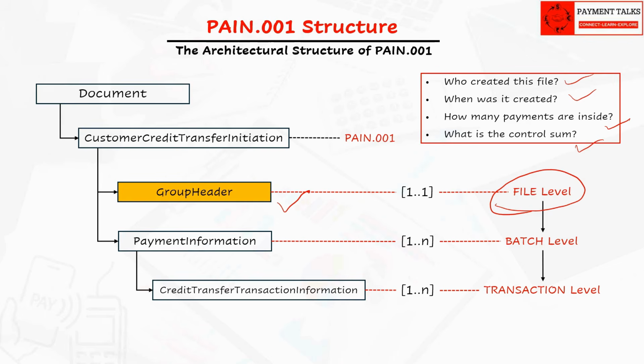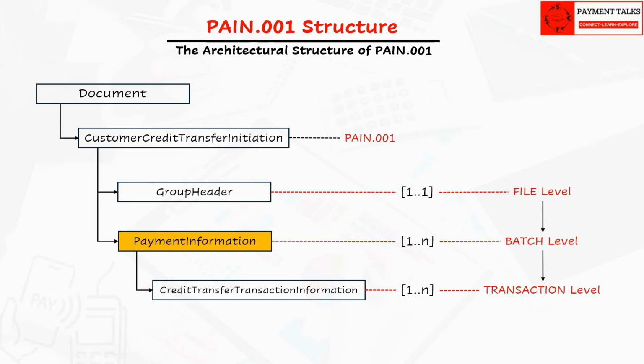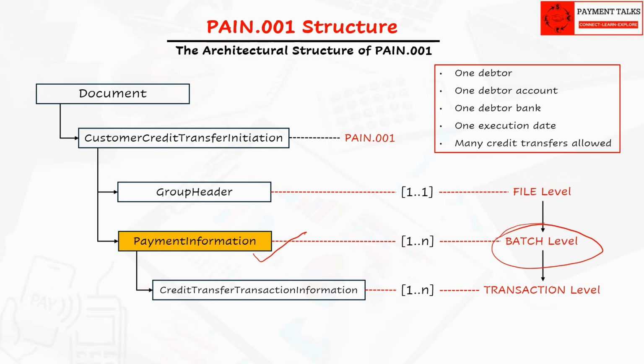If this layer fails validation, then the entire file fails. Next is layer 2, payment information, which is at a batch level. This is the most important structural concept in PAIN.001. Each payment information block represents one debit account, one execution context.